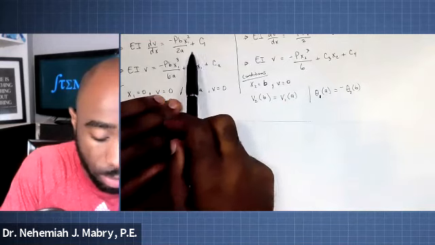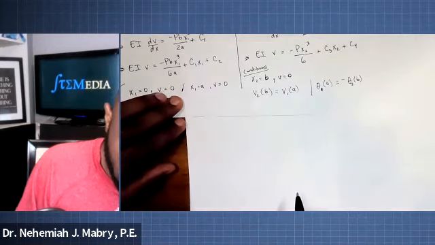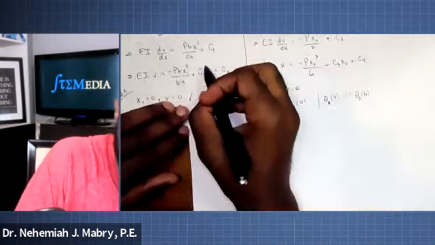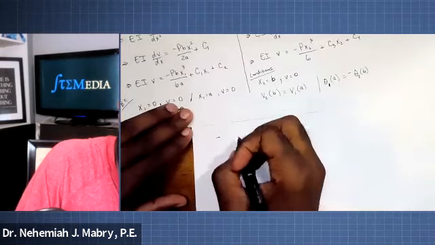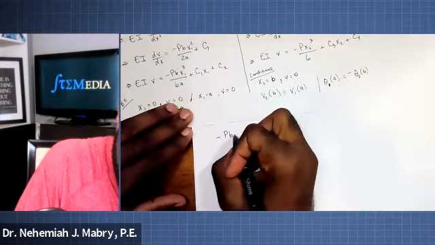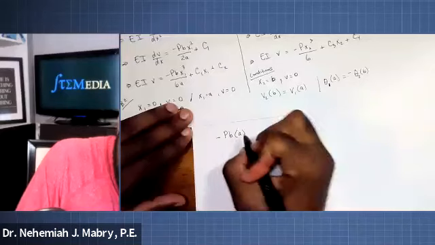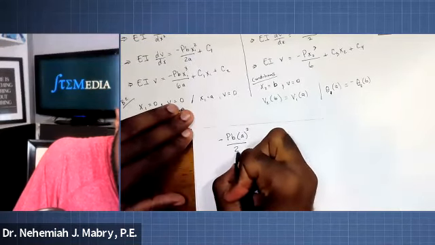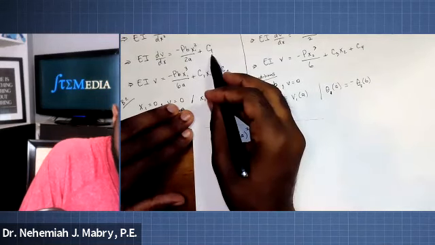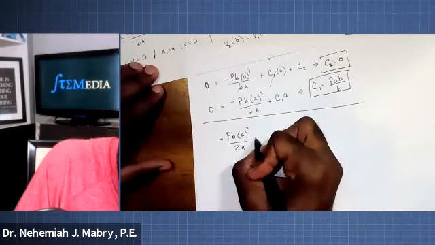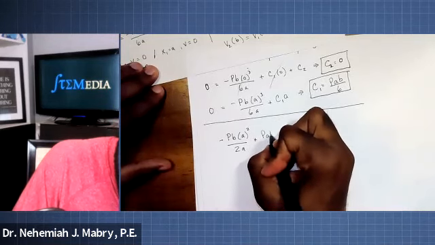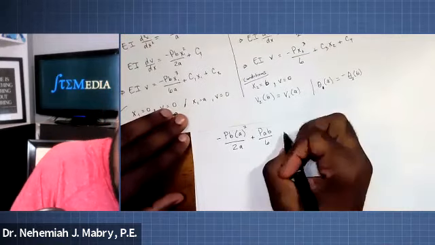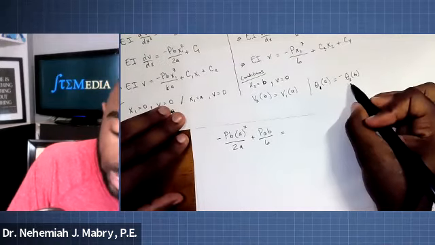This value is equal to a. So we're gonna say negative, this is theta 1, which means that we're using this equation right here. Negative Pb, we're gonna plug in a there, squared over 2a plus C1. We already know what C1 is, so we can just write plus Pab over 6 is equal to a negative theta 2.